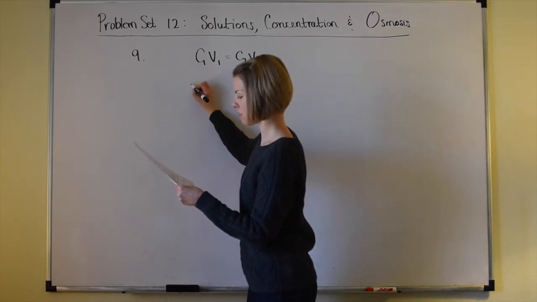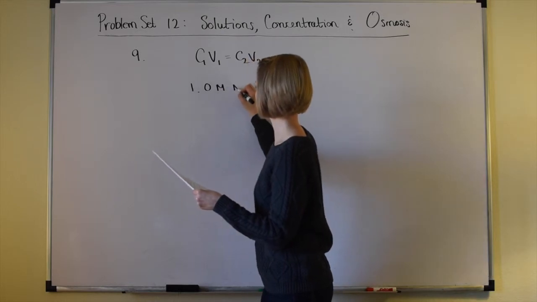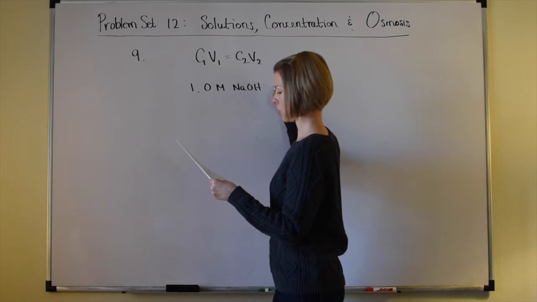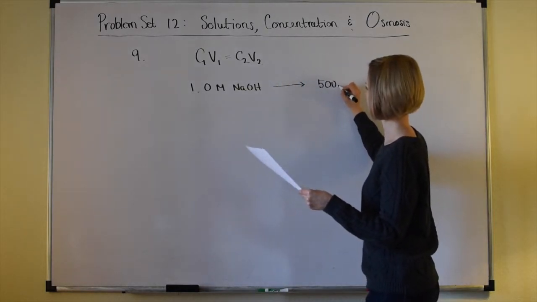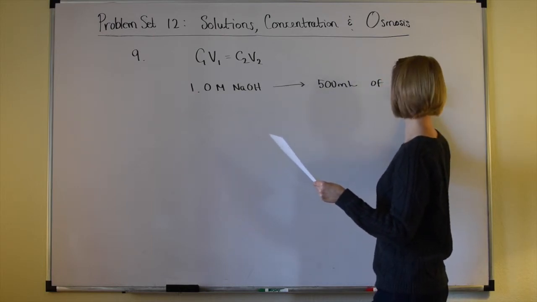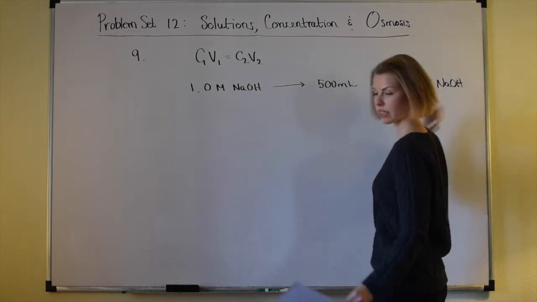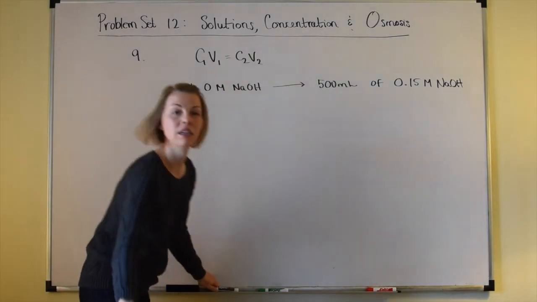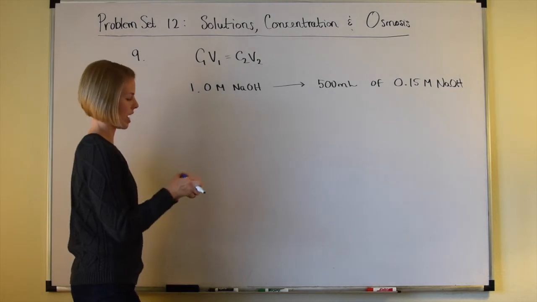Okay, so let's take a look at the information we're given. We've got 1.0 molar sodium hydroxide, and we're trying to use that to prepare 500 milliliters of a 0.15 molar sodium hydroxide solution. Let's label C1, V1, C2, and V2 as needed.